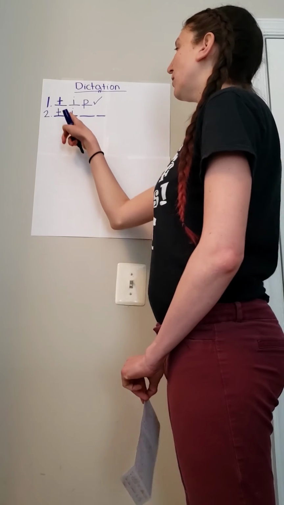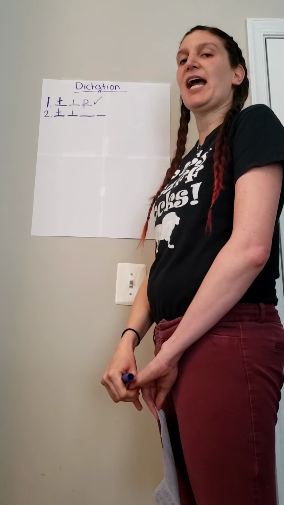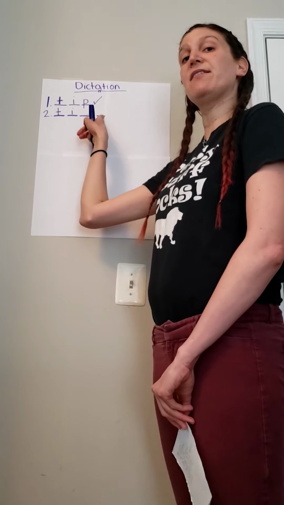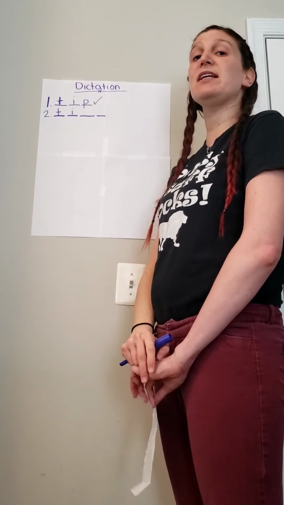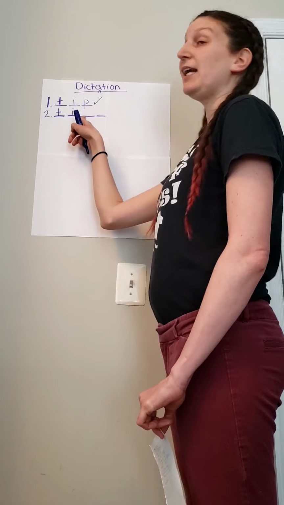Do I have a short vowel? Yes, I do. Do I have an ending at the end of my word? Tipped. Yes, I do, because I know that that T sound is ED. So because of that, I need to double my consonant.